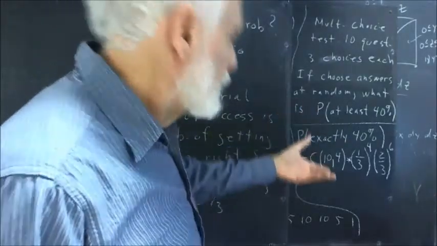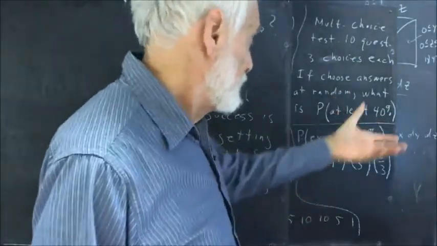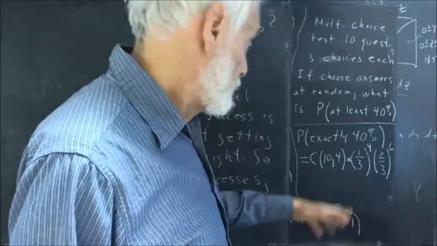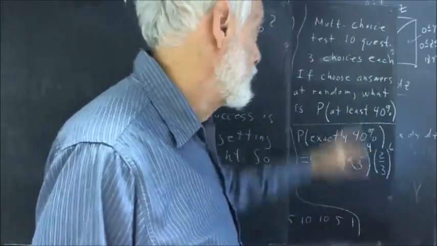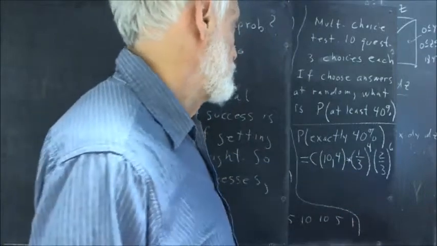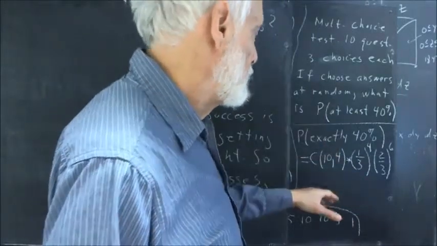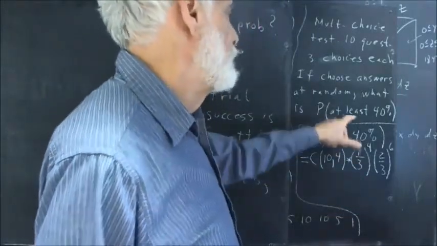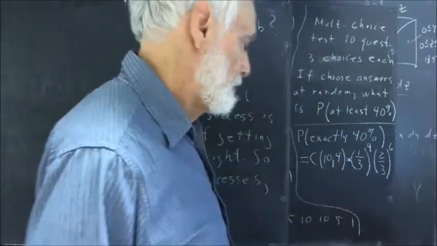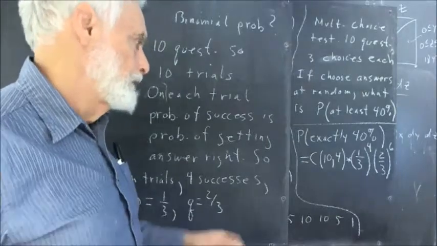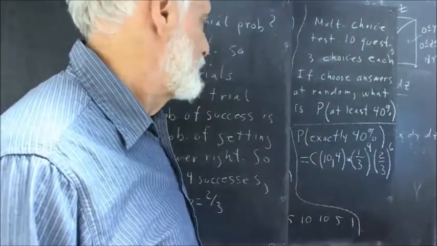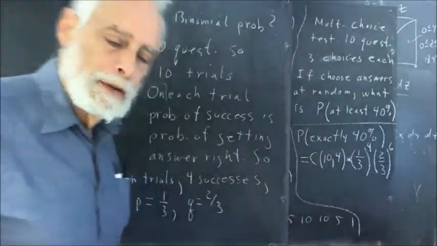The probability of 6 successes, which would be 60%, that'd be more than 40%. And we'd have a 6 here, and we'd have a 6 here, and a 4 here. And we could go right down the list and list all those probabilities from 40% up to 100%. So I'm going to write those down over here and then talk about a slightly easier way to get the result.